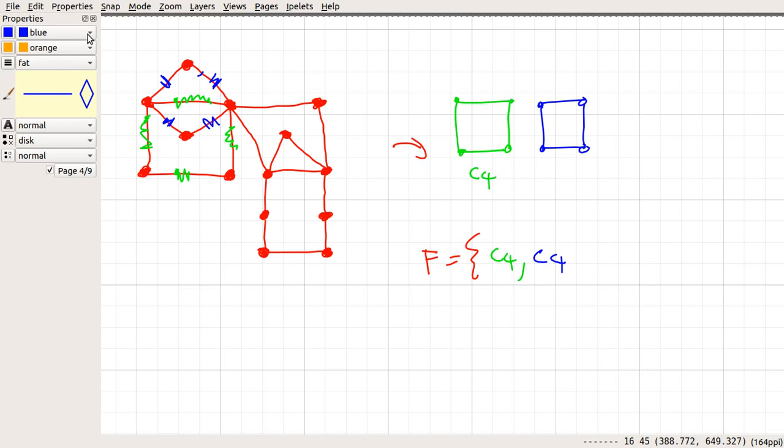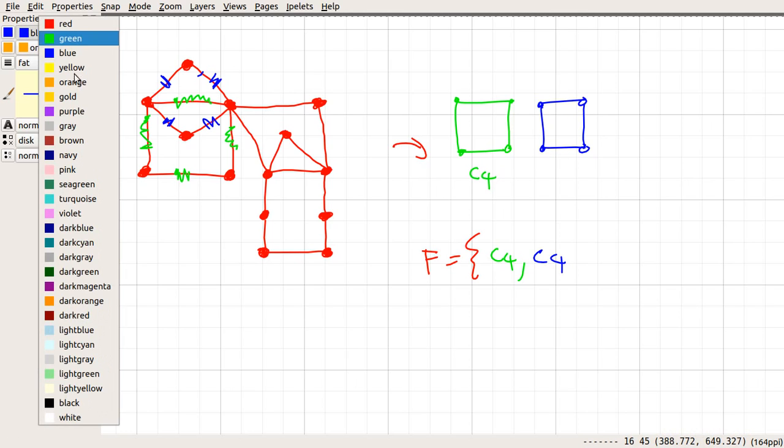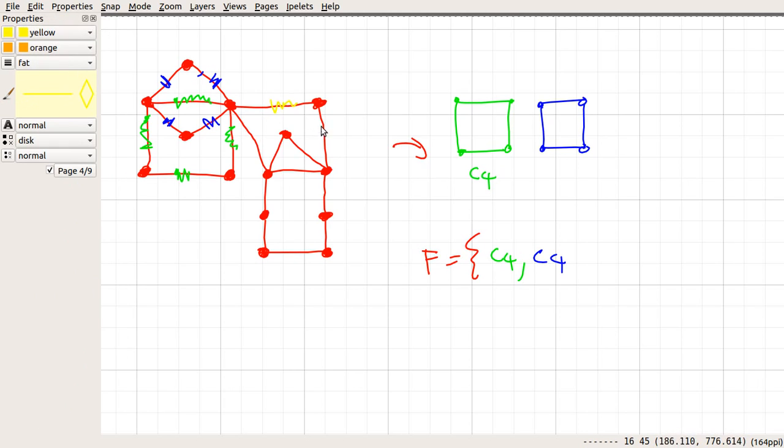And I think we could have something like maybe this cycle, a C8: 1, 2, 3, 4, 5, 6, 7, 8. So we have C8.